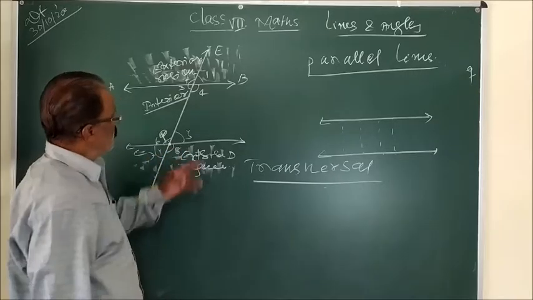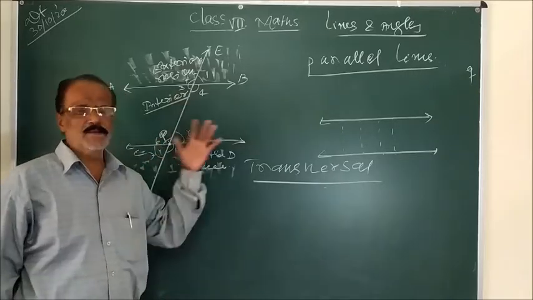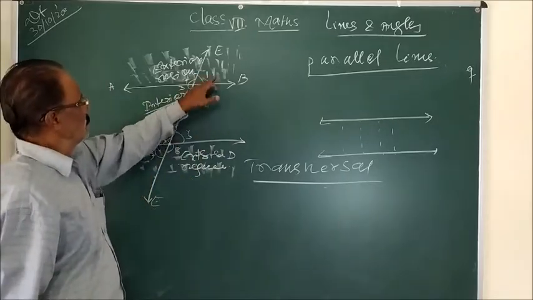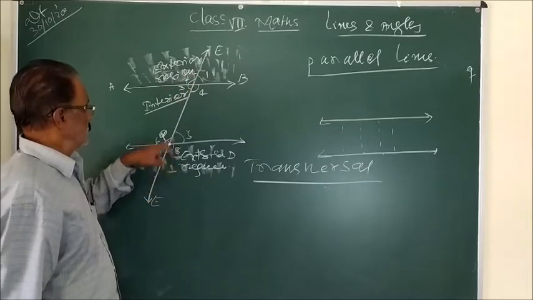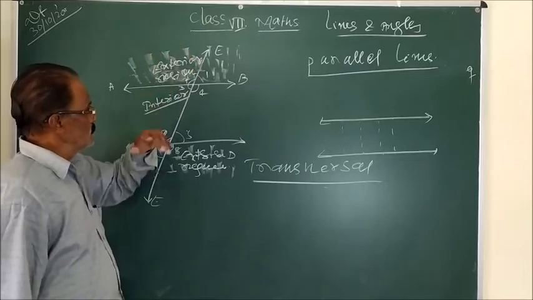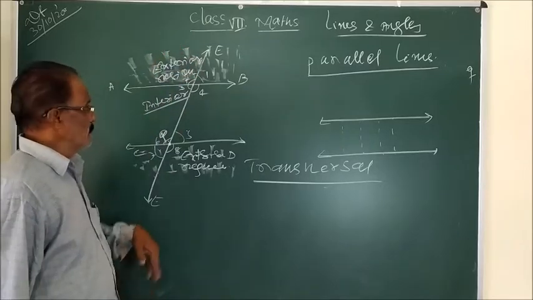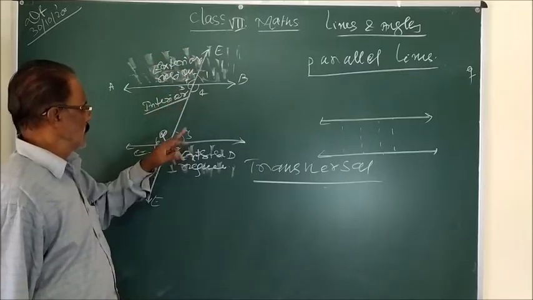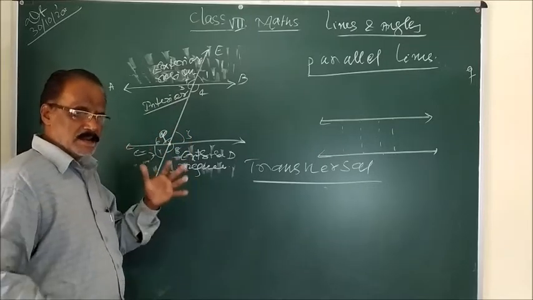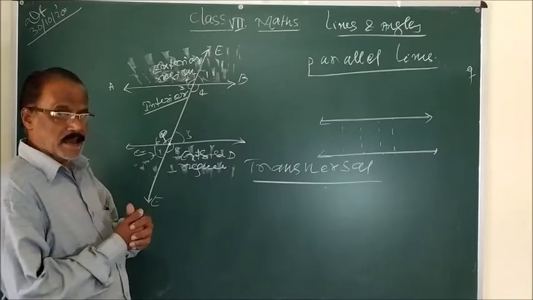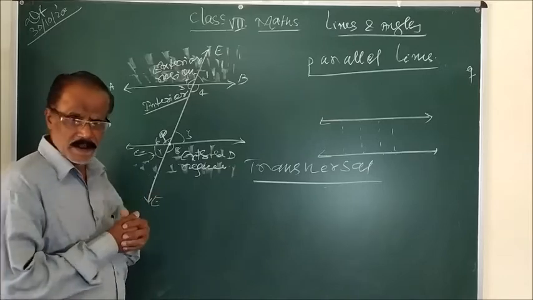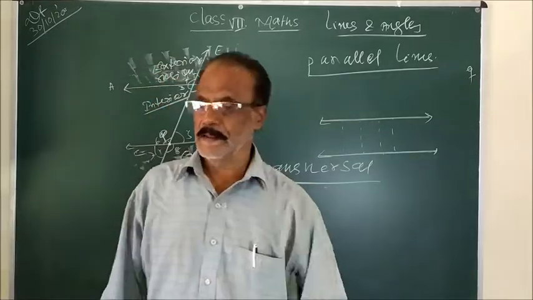How many angles form? 8 angles, if two parallel lines are cut by a transversal. Here angles 1, 2, 7 and 8 are exterior angles, because they are formed in the exterior region. Angles 3, 4, 5 and 6 are formed between the parallel lines, therefore they are interior angles. So 8 angles in total form: 4 exterior angles and 4 interior angles.